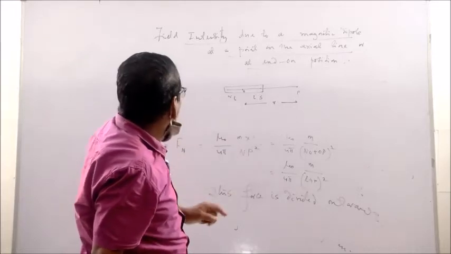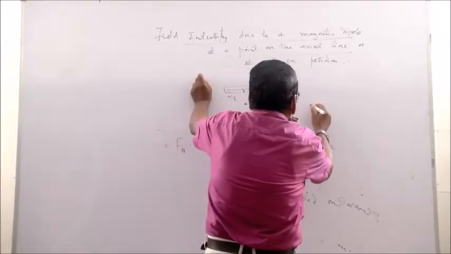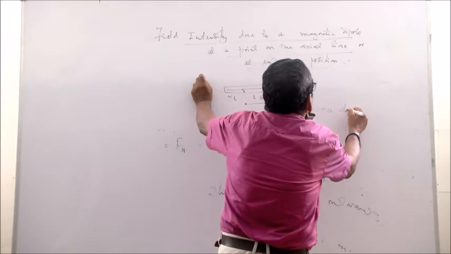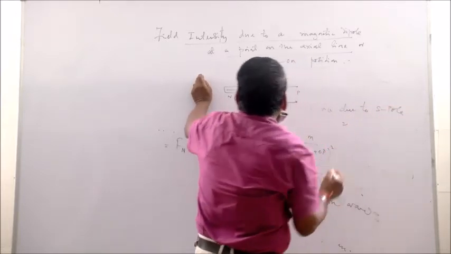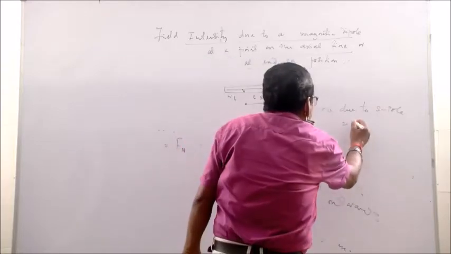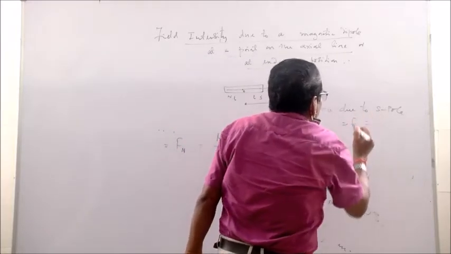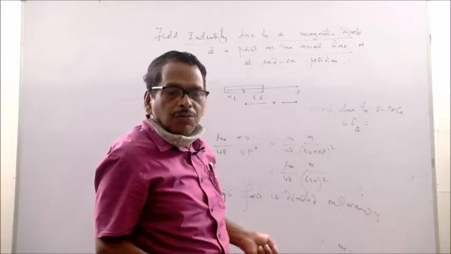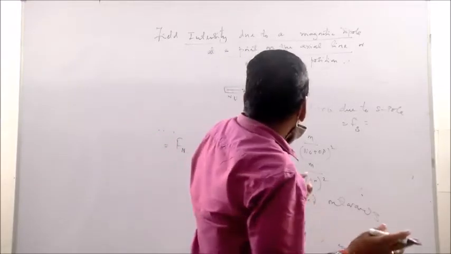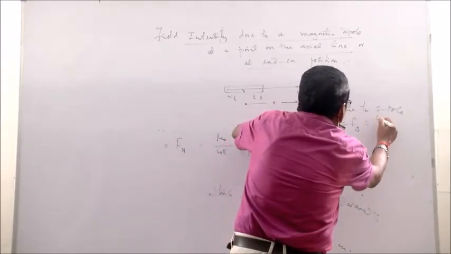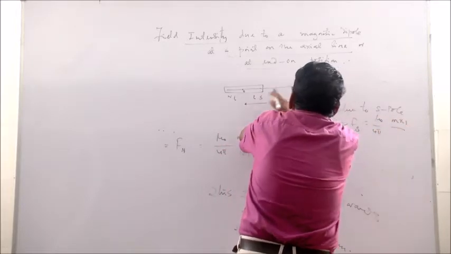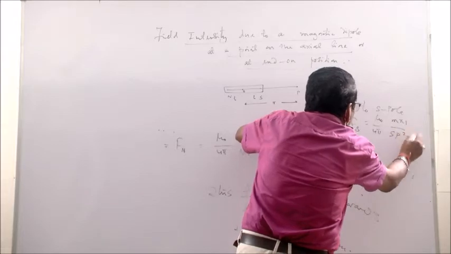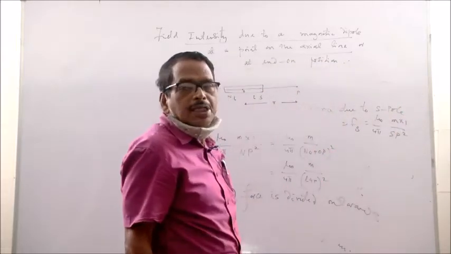Now let us find out the force due to south pole. Same thing, let us denote it by Fs. Force due to north pole is denoted by Fn, force due to south pole is denoted by Fs. So Fs is how much? Mu 0 by 4 pi, same thing, m into 1 by SP squared.